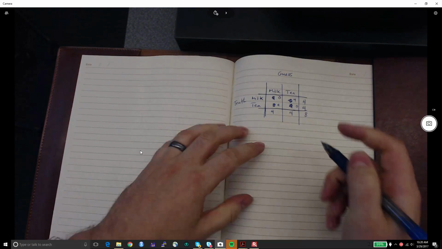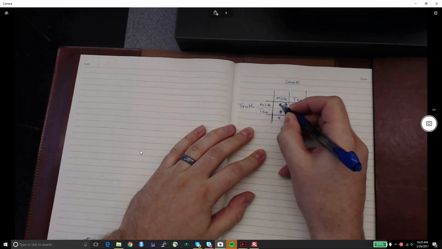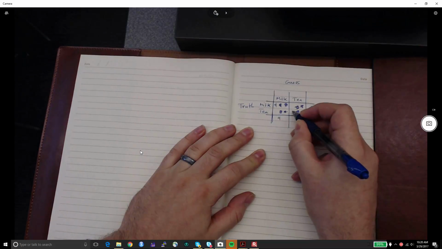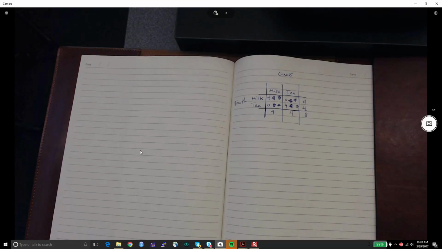So let's go back to, I kind of wish I hadn't crossed the original things out, but let's go back to that situation where we had 4, 4, 0, 0. So suppose that the outcome of the experiment is the person does actually get all 4 right. How would you figure out a p-value for that result?